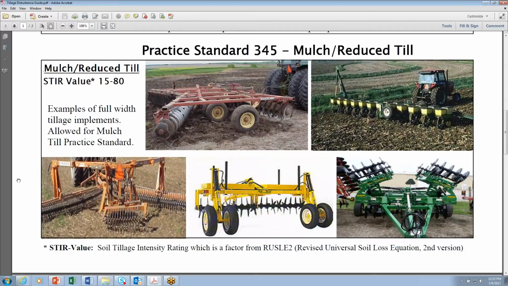It is telling you what you're doing to that soil profile, just how much you are disturbing it. But if we don't ask the right questions and pull up enough information, we're never going to capture all their tillage, and that's when we're going to get in trouble, because our stir values are going to be low, yet they are disturbing. So we've got to make sure the stir value means something.